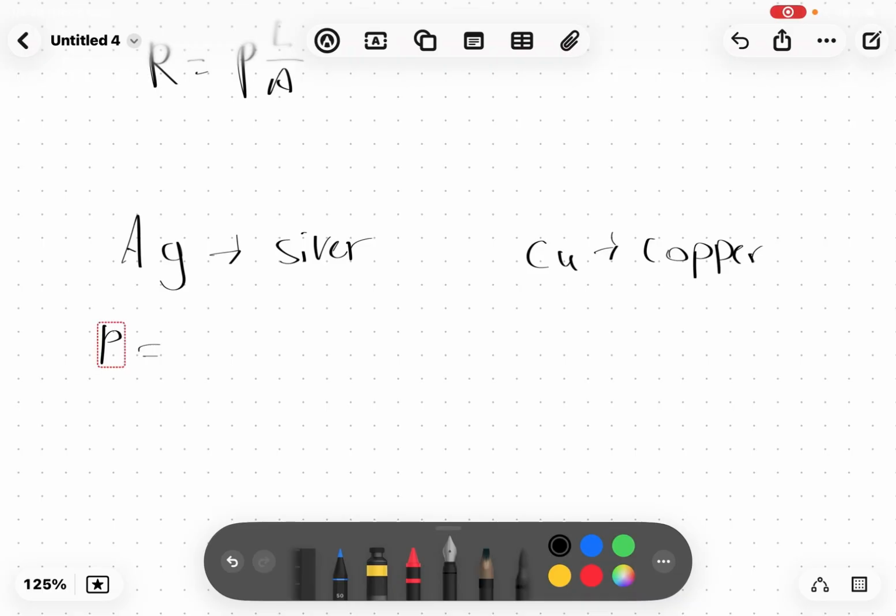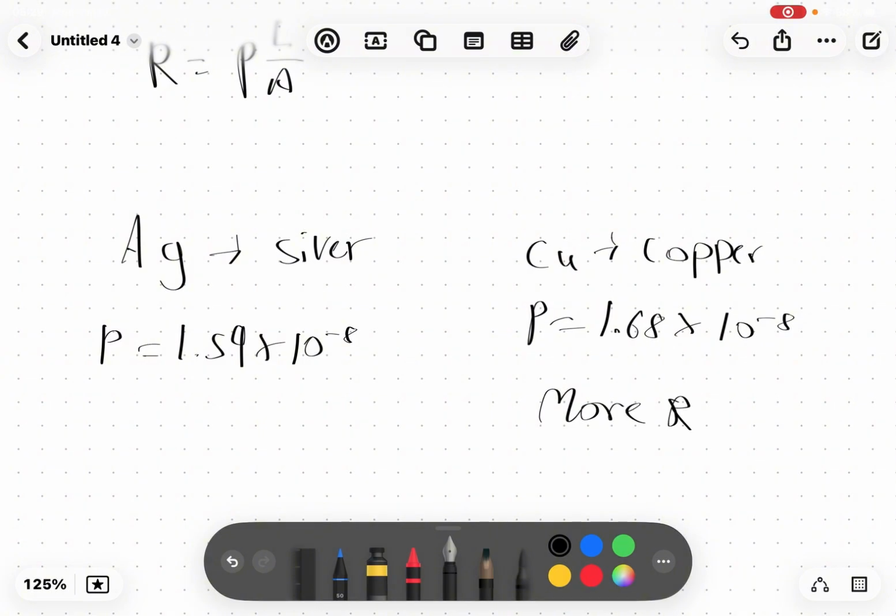The resistivity for silver is 1.59 times 10 to the power of minus 8. For copper, it is 1.68 times 10 to the power of minus 8. So copper has more resistance because it has a larger resistivity, which is just logical, larger number means larger resistivity.